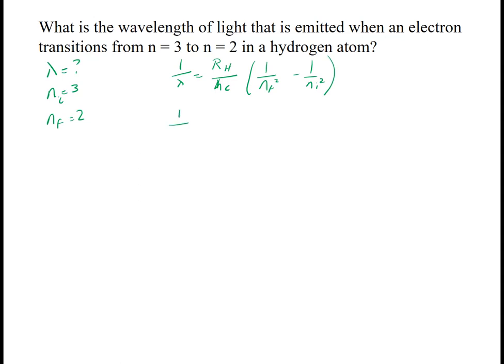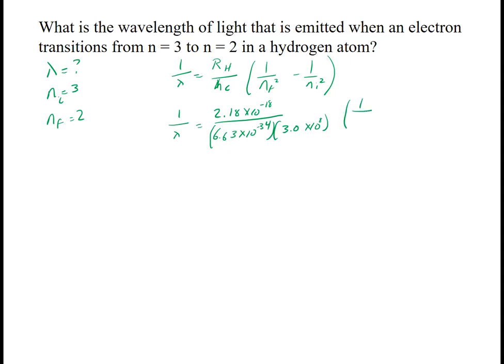So 1 over lambda is 2.18 times 10 to the negative 18 divided by 6.63 times 10 to the minus 34 times 3.0 times 10 to the 8th. The other advantage of doing it this way is I give you all these constants. I do not give you the 1.097 times 10 to the 7th. So that's the other advantage to learning how to do it this way.